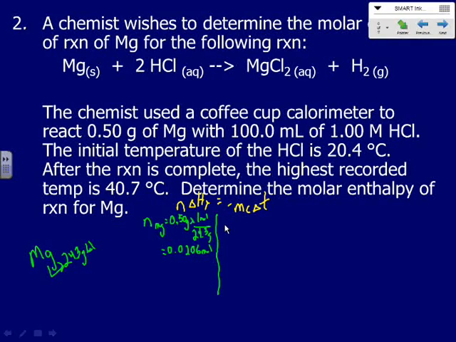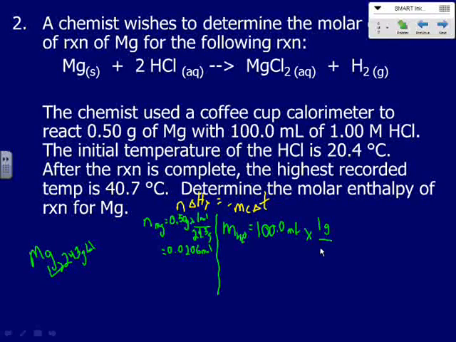On to the surroundings. Well, m of the water. Remember, that's the stuff that's catching the heat. In this case, I have 100 milliliters of the acid, and it's not pure acid. It's a solution, which means that 100 milliliters of the acid is going to supply us with our water.